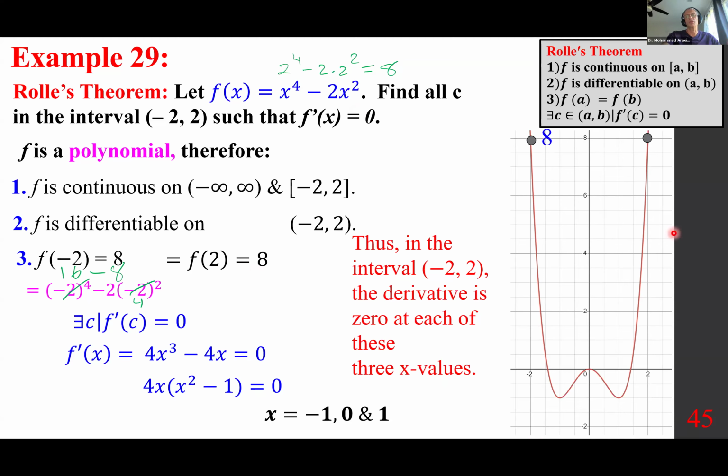Of course, a polynomial of degree 4, smooth curve, continuous and differentiable. So at this point, and this point, and this point, this is the tangent line. All three are horizontal, and the slope is 0.